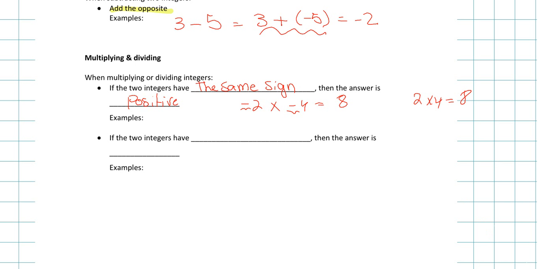If the two integers have different or opposite signs, then the answer is going to be negative.